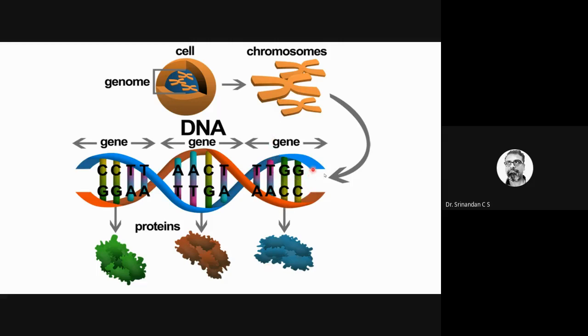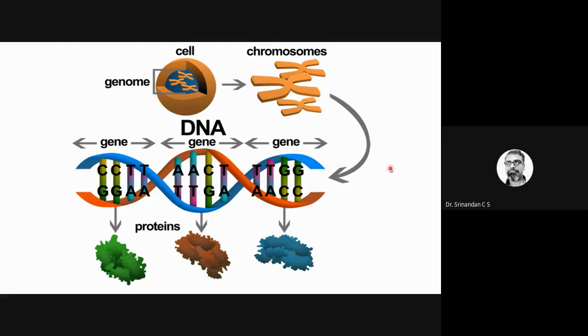All the genes together will constitute one genome. So if anyone says the coronavirus genome, the coronavirus has a whole lengthy RNA sequence, and that constitutes its one genome. It will have several genes in it. Similarly, humans also have many several genes.